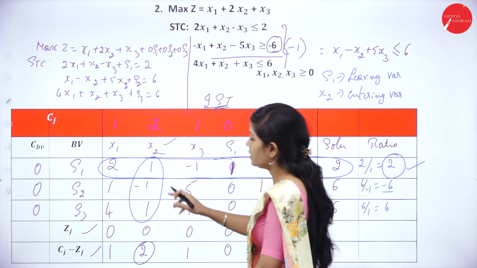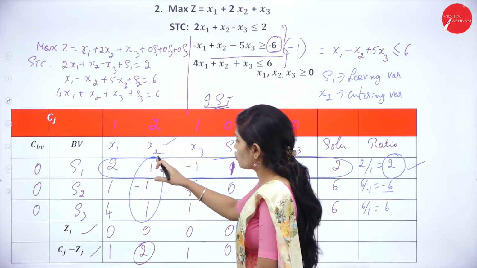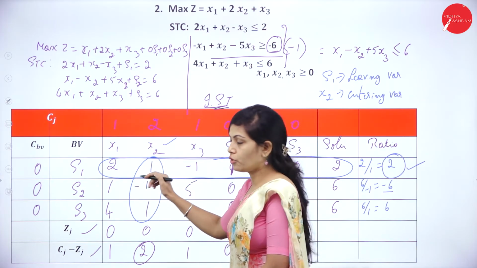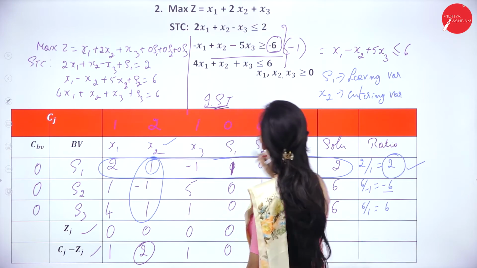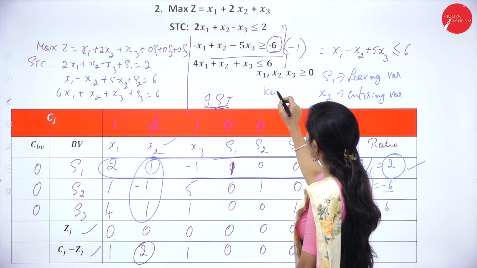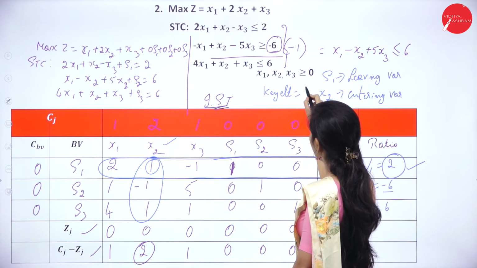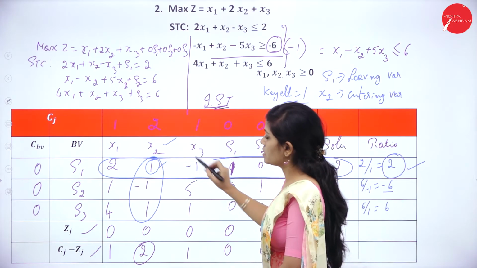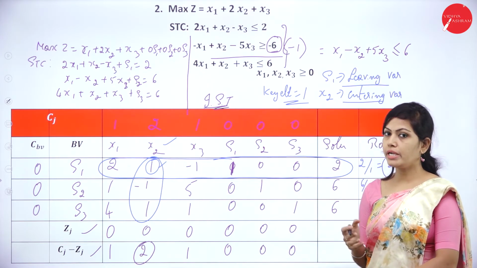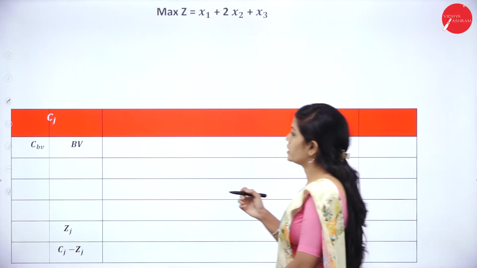So now find the key element. The element common to both the key column and key row is 1. Key element is equal to 1. So now we can find the next iteration, called iteration number 1.